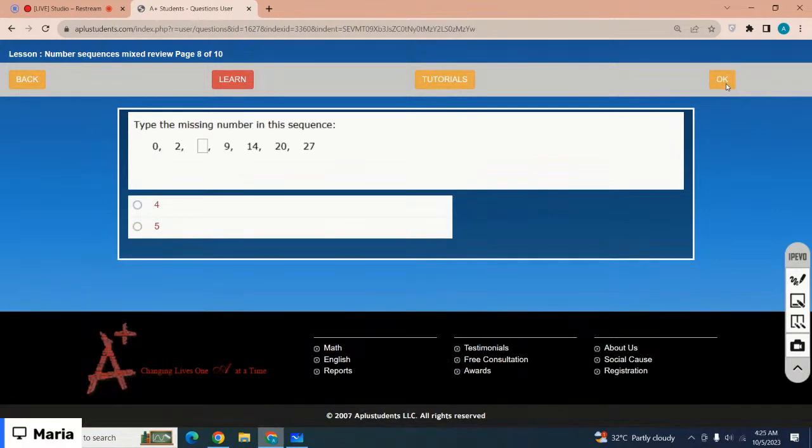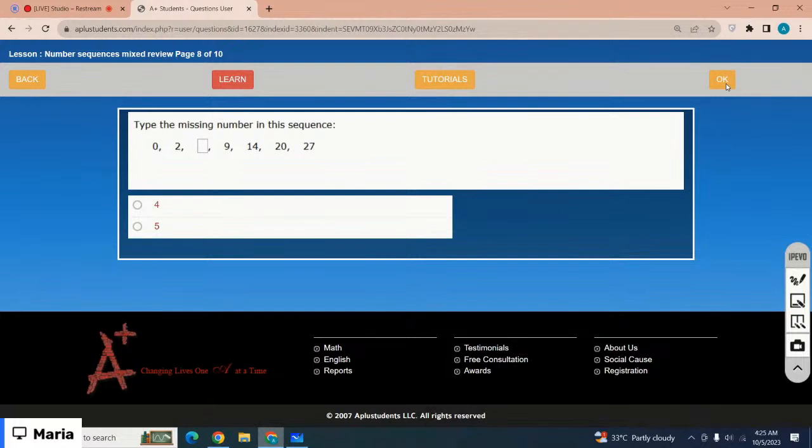Okay, type the missing number in the sequence. So which number is missing? The next missing number is 5, it is, right?